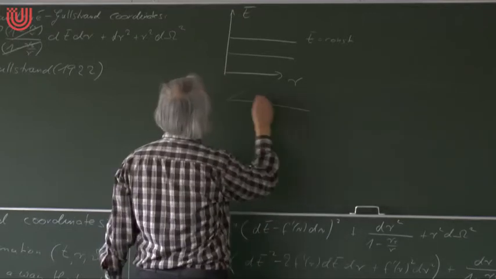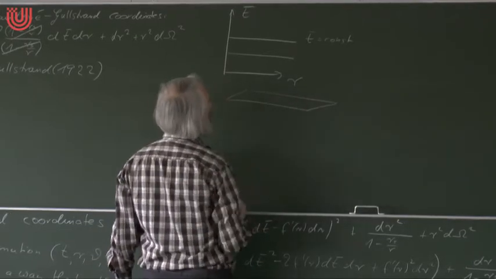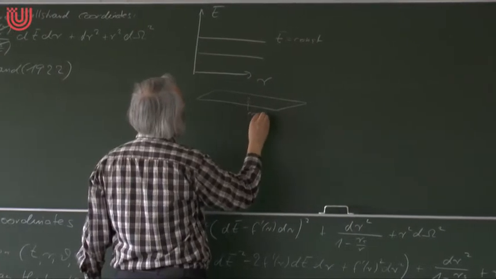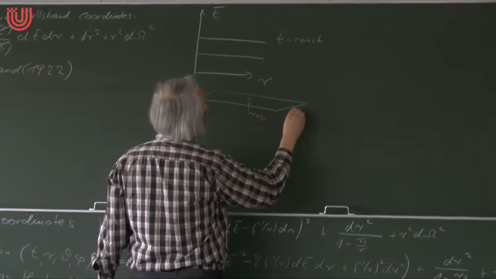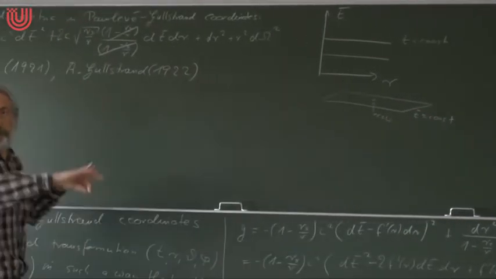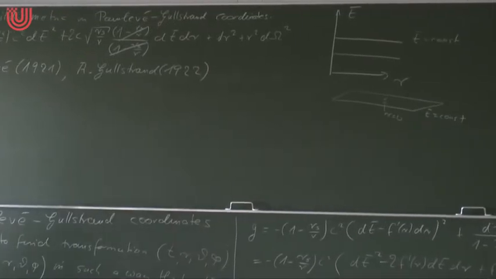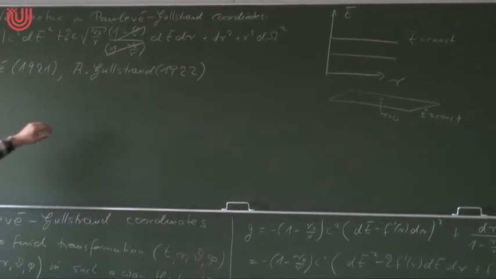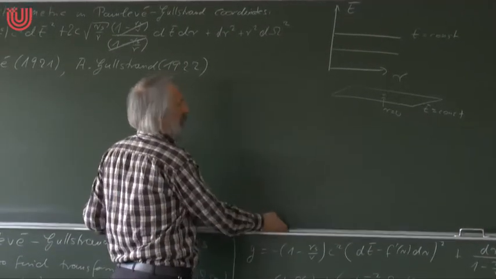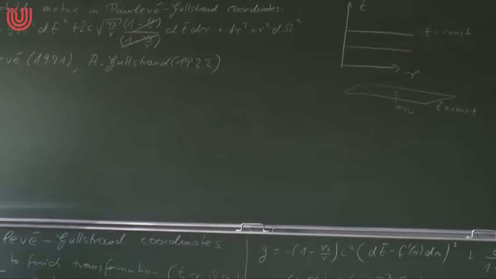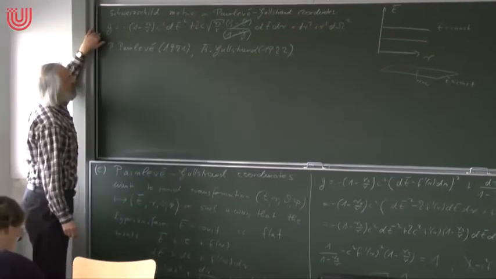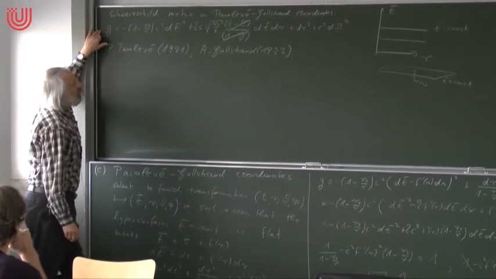If I draw a two-dimensional picture, then I have the singularity at r equals 0, of course. And apart from this it is just flat Euclidean space. That's a spatial section through this geometry. That the metric is indeed regular should be checked, of course. You cannot do it in your head; one has to write out a few lines. What you see immediately is that the metric coefficients do not diverge.